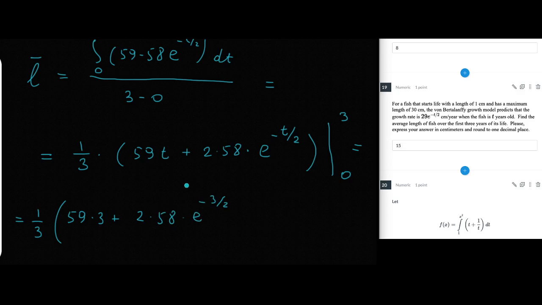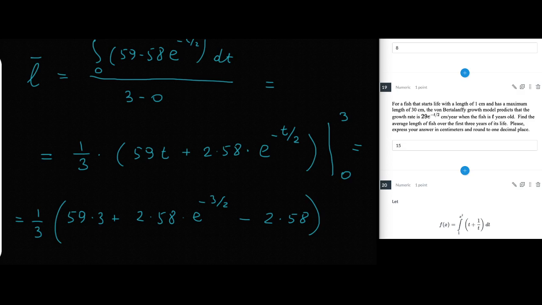And from that I have to subtract the value of the antiderivative at 0, so minus 59 times 0 is 0, and then 2 times 58 times e to the power negative 0 over 2, that's going to be 2 times 58. Okay, now we can plug this into our calculator and calculate our final answer.